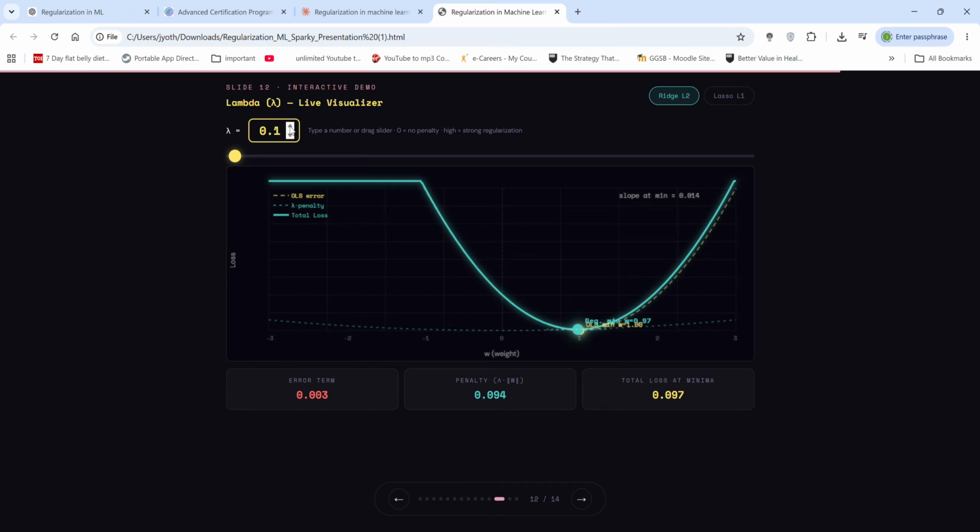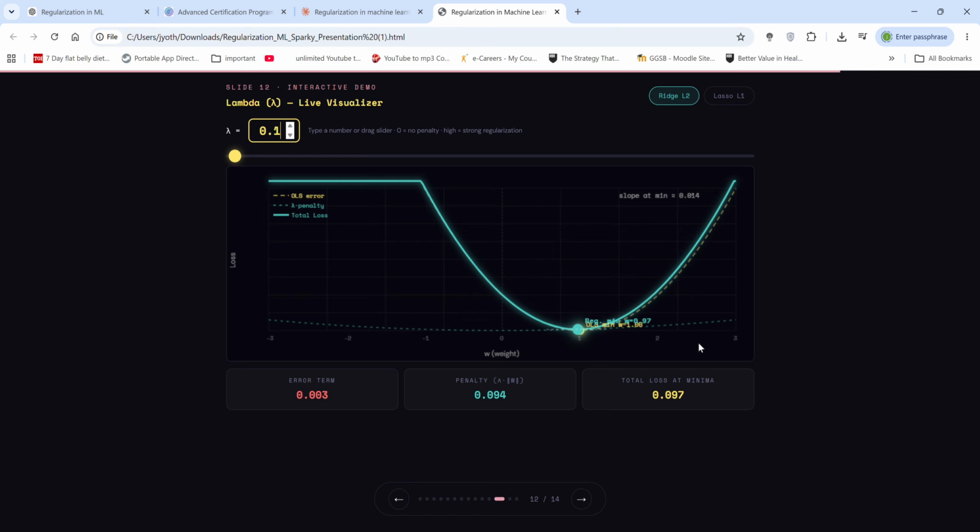Now let me increase the lambda to 0.1. When I added the penalty, you can see the shifting of the minima occurs. The minima is slightly shifting towards the left side, and the error also increases. So that is the relationship between the error, the lambda, and the minima.